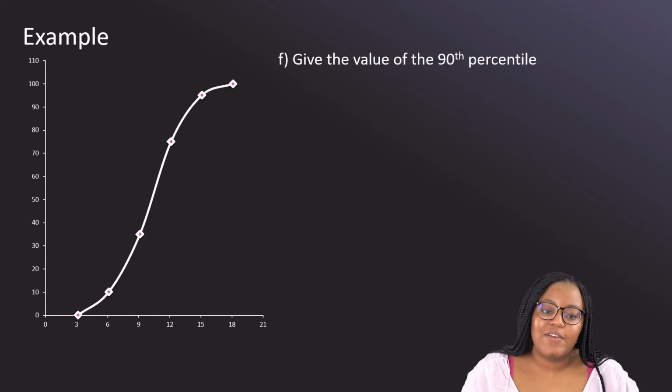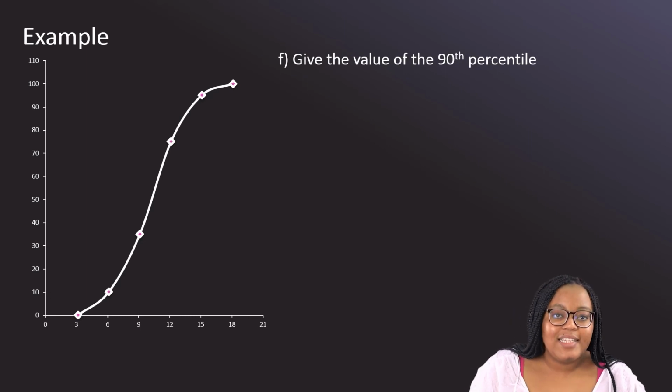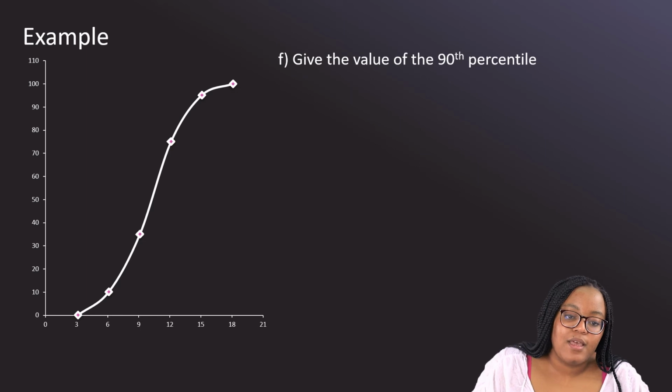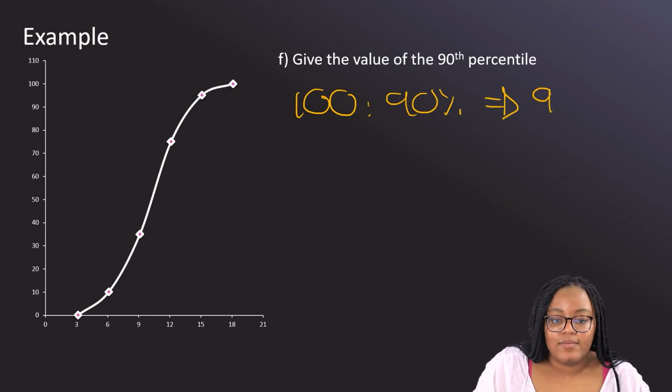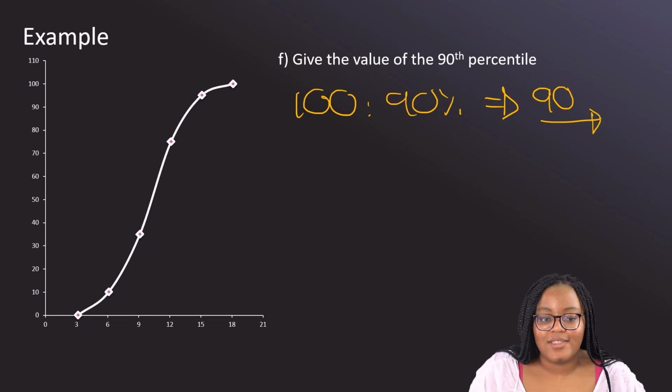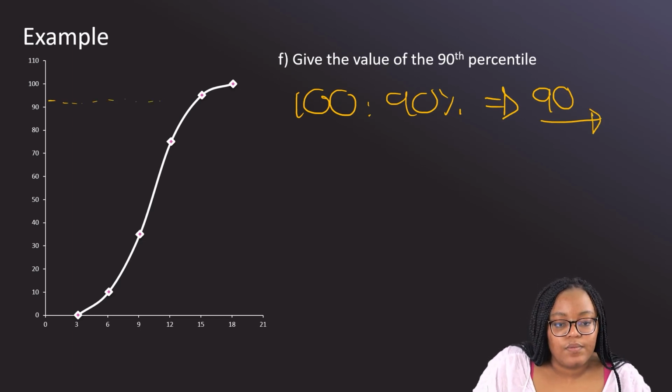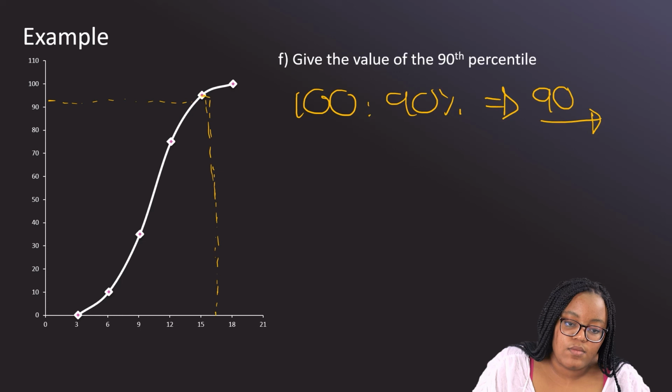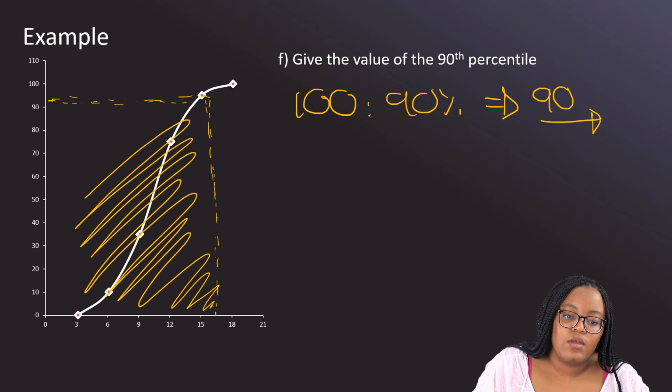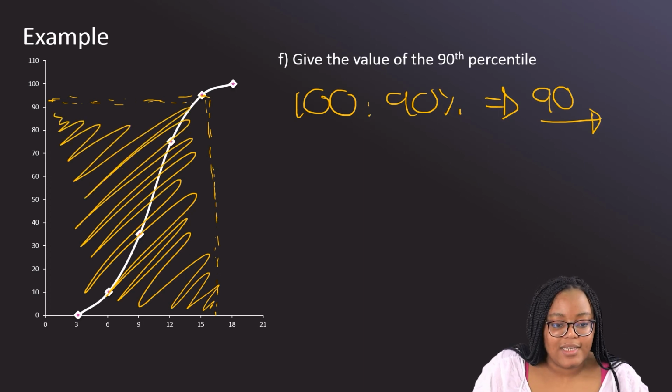And finally, they've asked us to give the value of the 90th percentile. Now, the 90th percentile is going to be the range of data in which 90% of all of our data points fall. So, out of 100 points, the 90th percentile will be the first 90 points. Therefore, at 90, you will be able to discern that everything that falls below this line will fall within our 90th percentile.